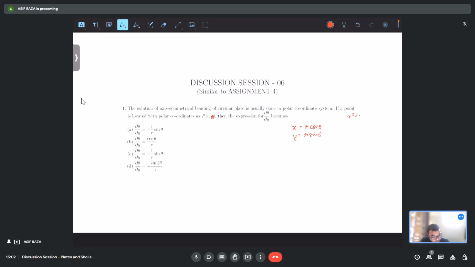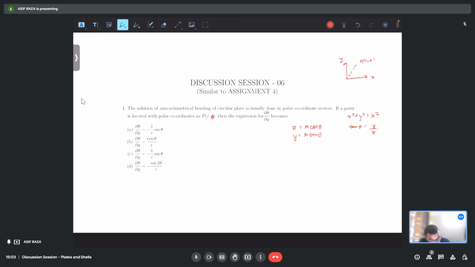This has been taken from x square plus y square equal to r square, and tan theta is equal to y upon x, right? To make it more clear, we have x and y. We have point P, which is represented by r theta or xy.